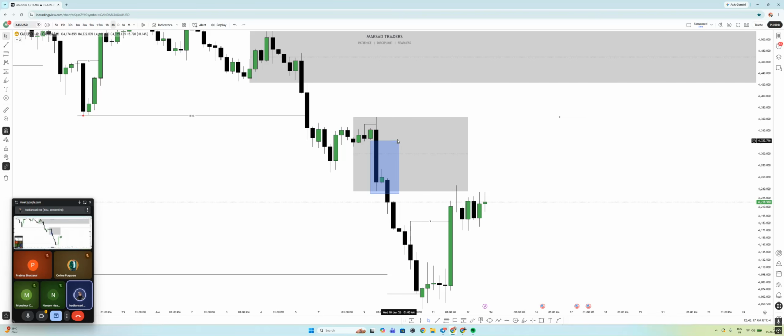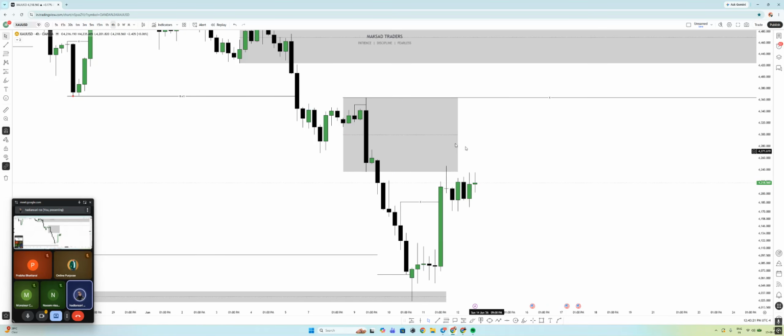Okay, now the market reacts, now the market taps on what? Order block. So if we are considering this whole thing as an order block, what we are looking for is the same scenario, like the previous candle sweep, and it should give us an order block.